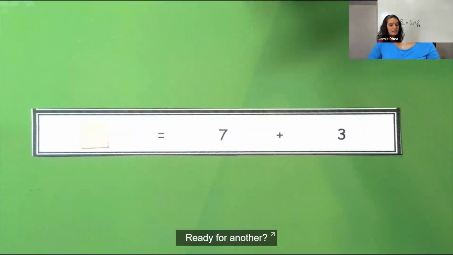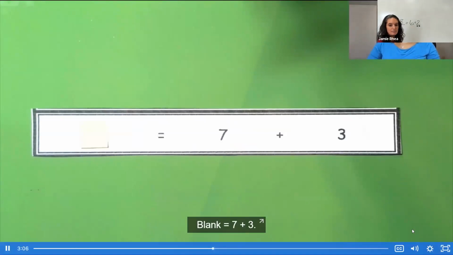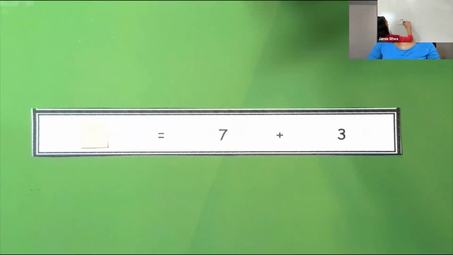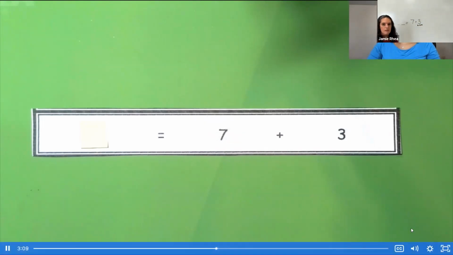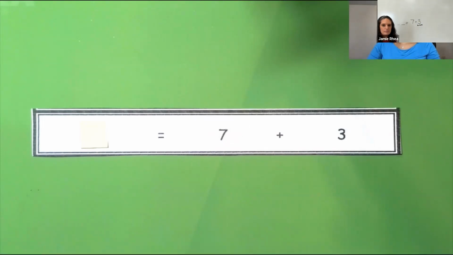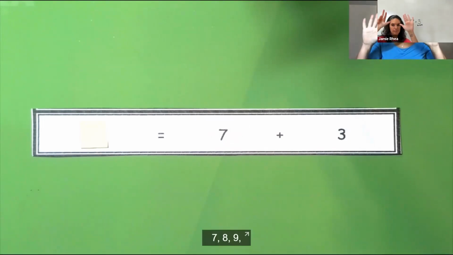Ready for another? Okay, let's do our next one. Blank equals 7 plus 3. Okay, same thing. We're gonna write it down. Count on with your fingers or use your 5 group dots. 1, 2, 3. 7, 8, 9, 10.